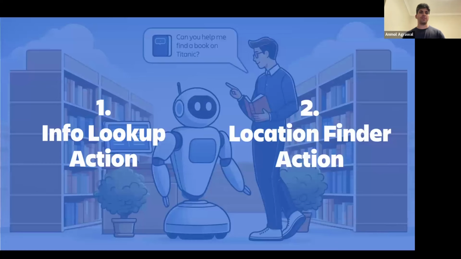One action could be an information lookup action. If I had asked Libby to tell me more about Titanic, it would probably select this action, and using some kind of logic behind the scenes, it could return the response for that. But in this case, I asked if it can help me find the book on Titanic in the library. So let's say Libby is capable of another action called location finder, and probably it would select this action for my request.